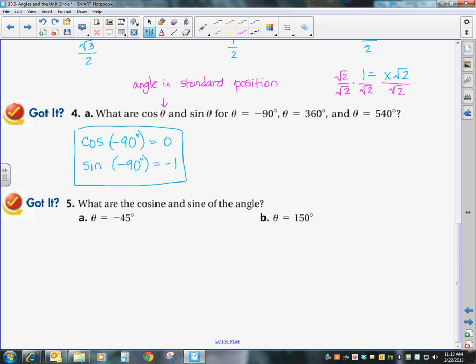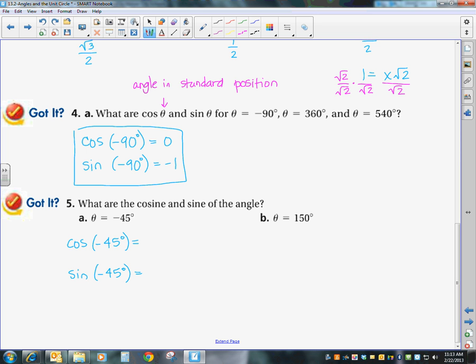All right, and I'm going to finish up with these two examples because I think you got those. What are the cosine and sine of theta if theta is negative 45? So cosine of negative 45 degrees, and we need the sine of negative 45 degrees.